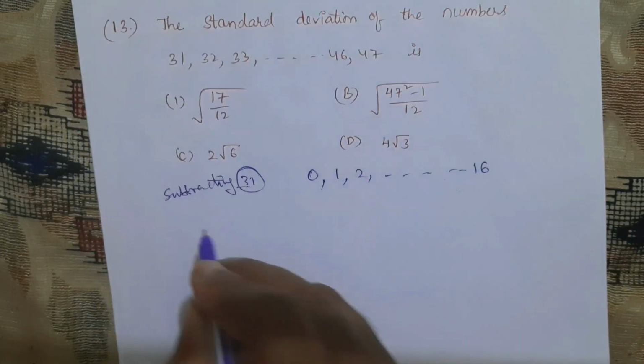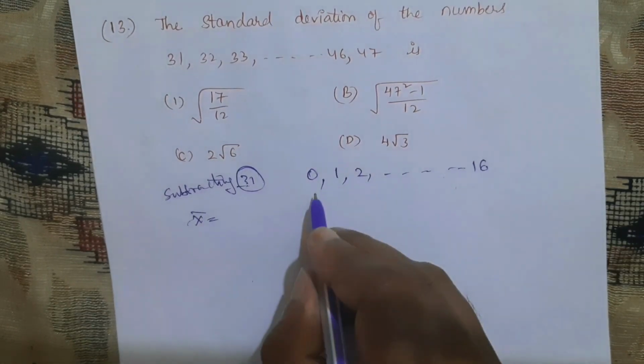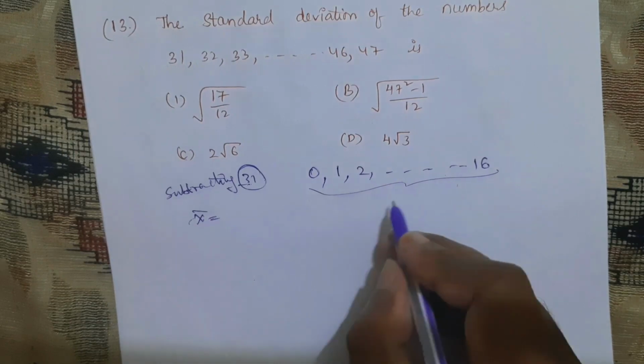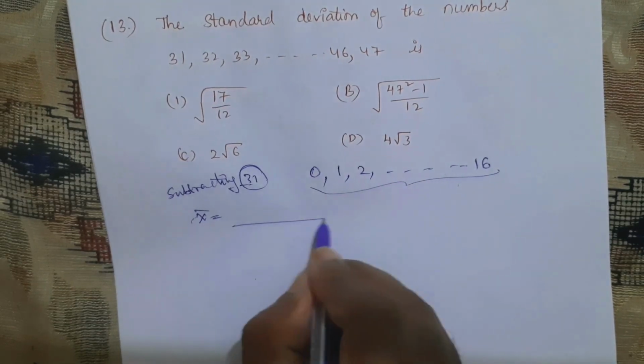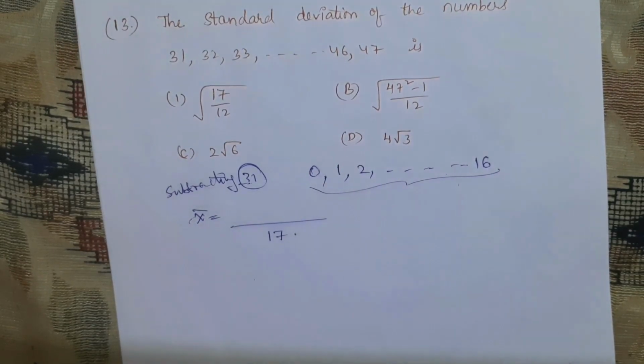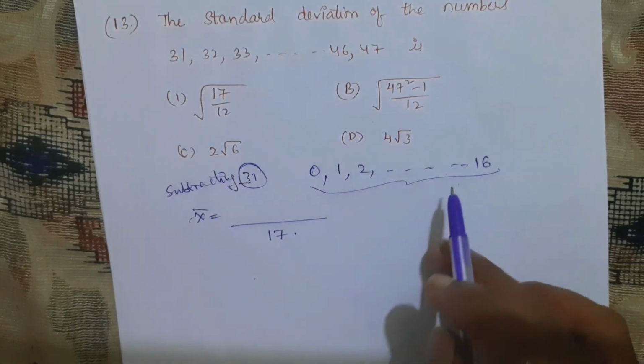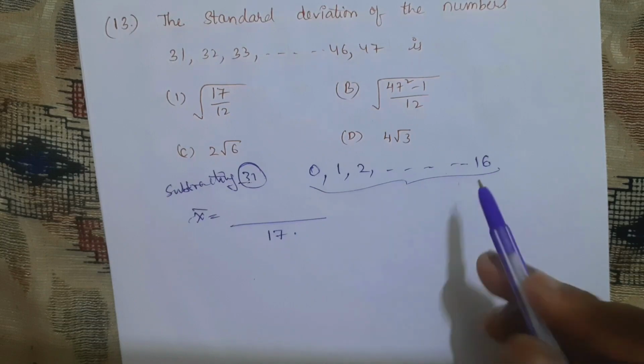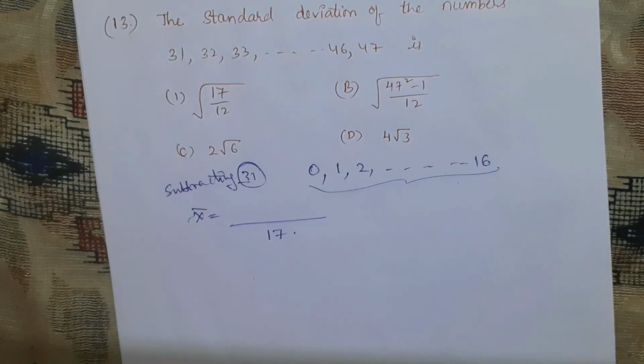Now we can find the mean, that is the sum of all these numbers divided by the total number of observations, 17. We can add 1 plus 2 plus 3 like that, otherwise use the n into n plus 1 by 2 formula. What is n here?